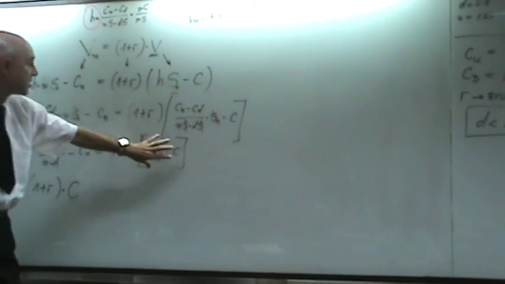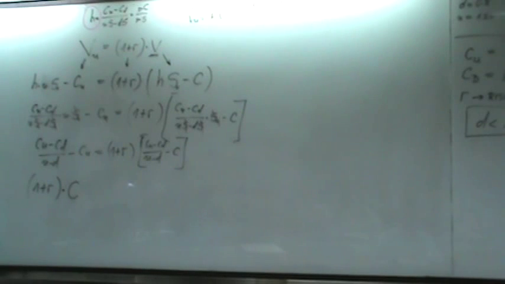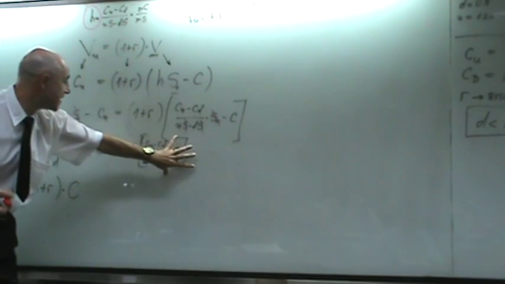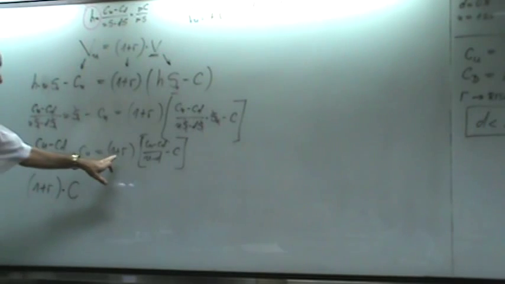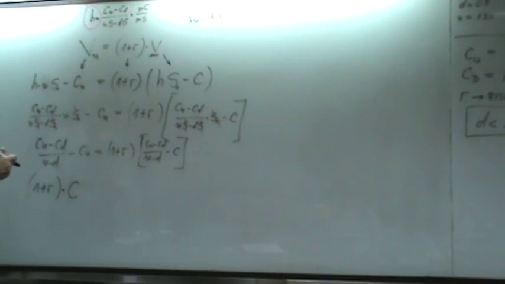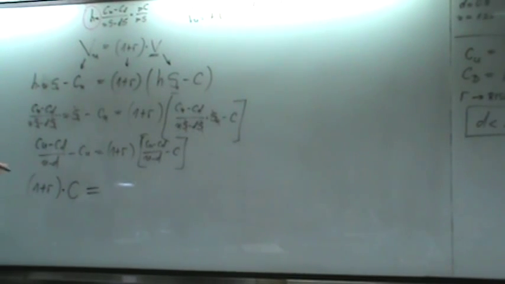So what we want to do is get the call on the one side, the present value of the call, the current price of the call, and take everything on the other side. So I take the C on this side, 1 plus R, and then I do the rest. And what's on the other side?